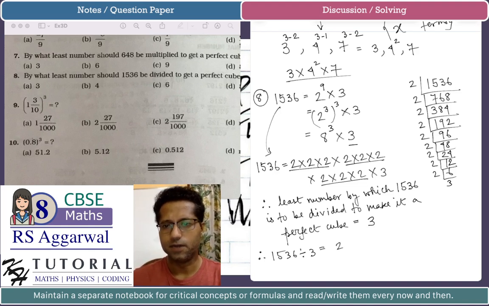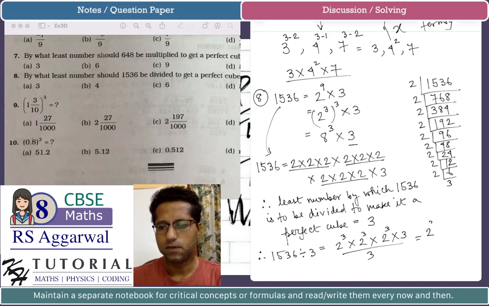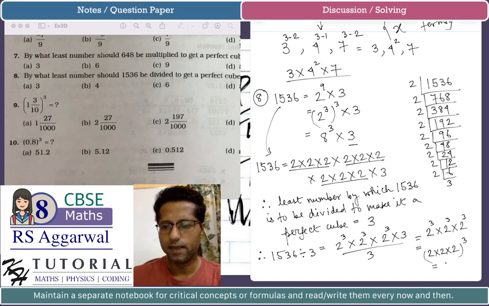Also you can see that when 1536 is divided by 3, we have 3 triplets of equal factors 2. So that is 2 cube multiplied by 2 cube multiplied by 2 cube, multiplied by 3 and divided by 3. This is equal to 2 cube multiplied by 2 cube multiplied by 2 cube, which is 2 multiplied by 2 multiplied by 2 whole cube, which equals 8 cube.